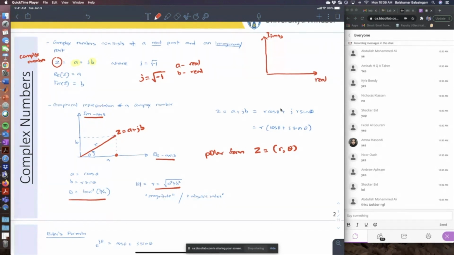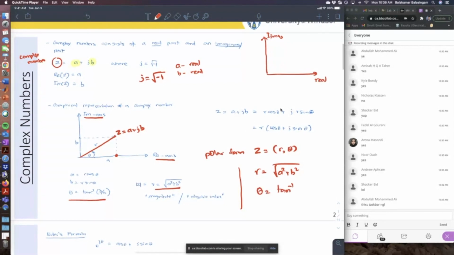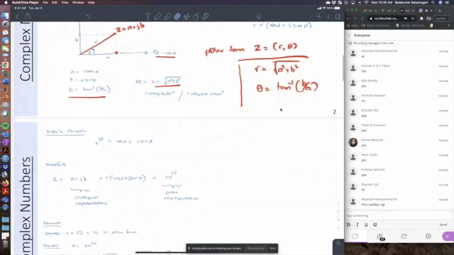So r and theta can be defined in terms of a and b. All right, so that's a simple introduction to complex numbers.